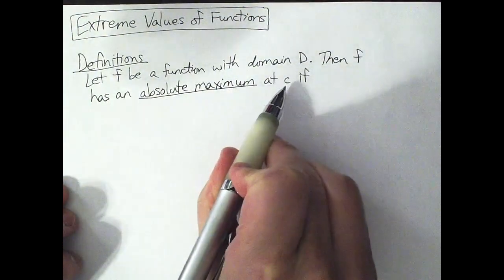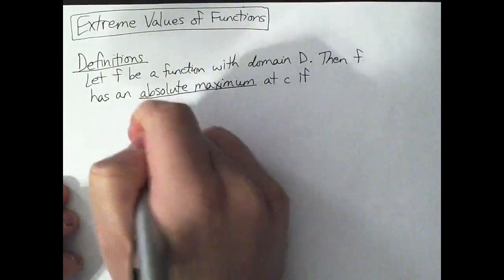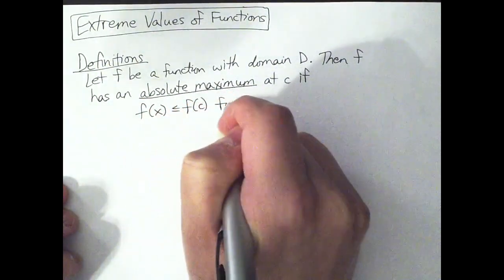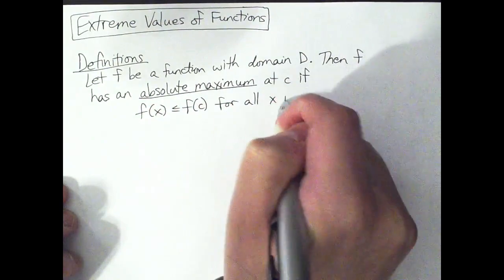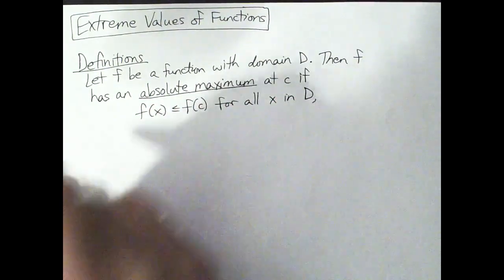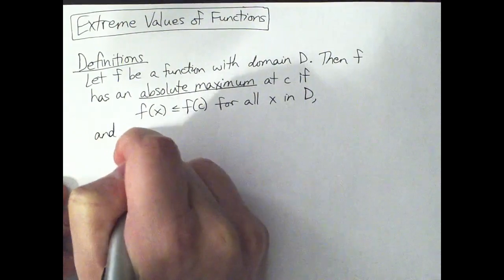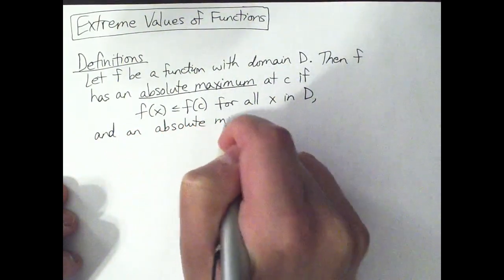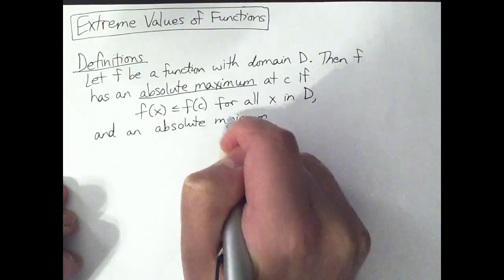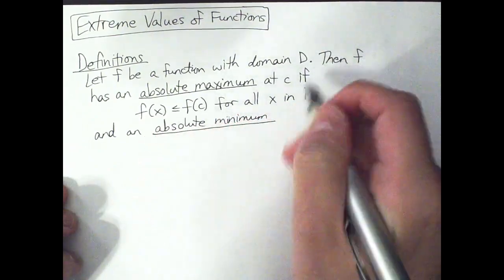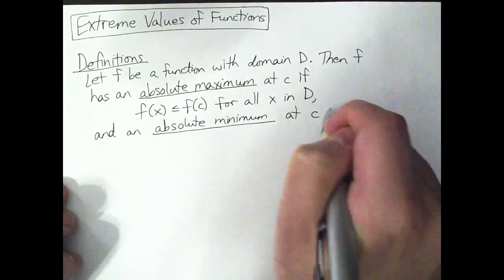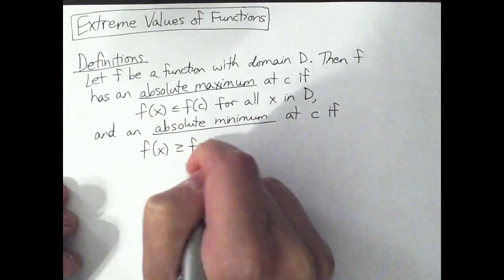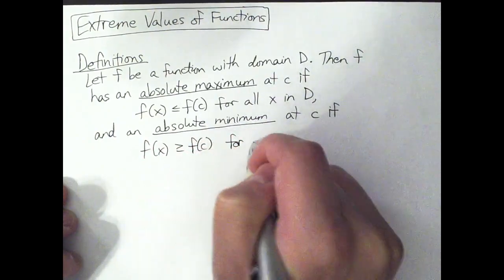Well, it occurs at c, so we're going to say f of x is less than or equal to f of c for all x in D. And an absolute minimum at c if f of x is greater than or equal to f of c for all x in D.